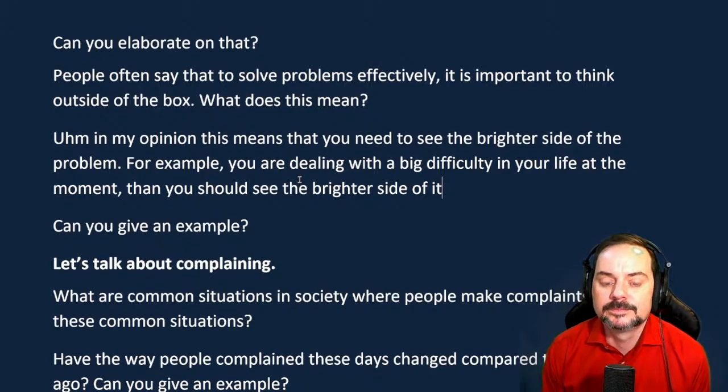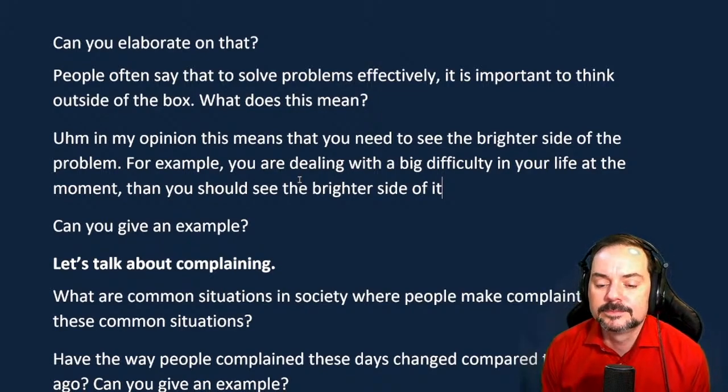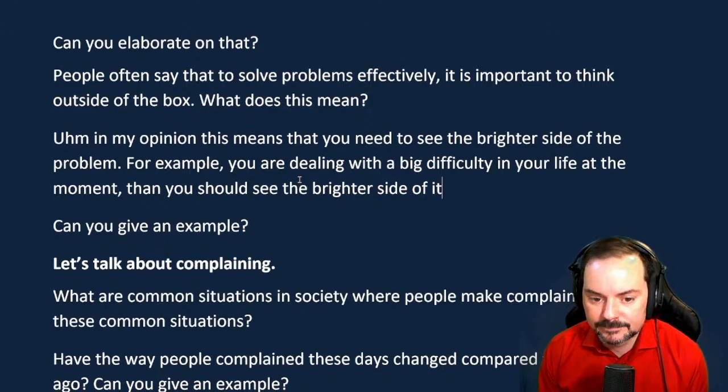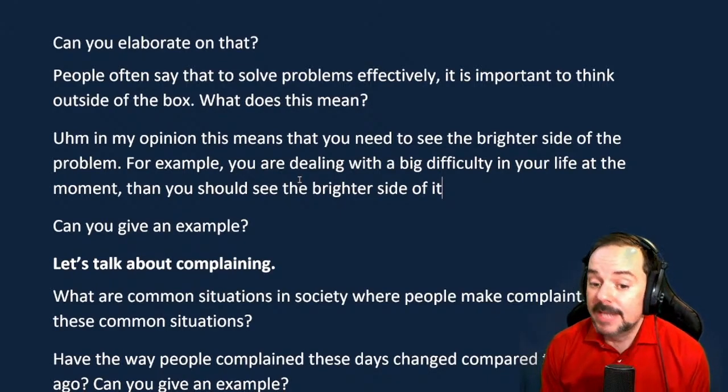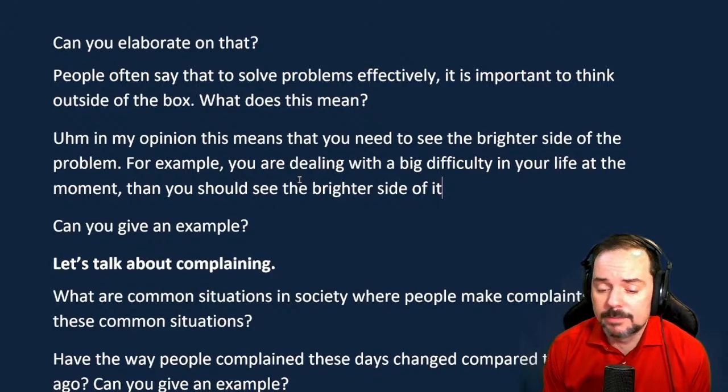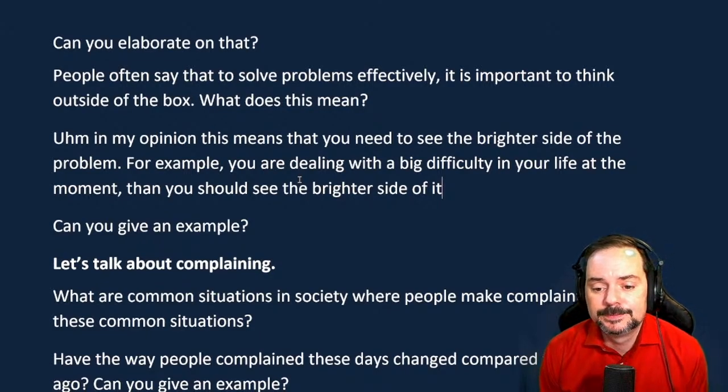For example, they surpass that big difficulty. Am I doing the right thing? Yeah, you are. Just keep going. Be confident. They get a great score and find their dream job.